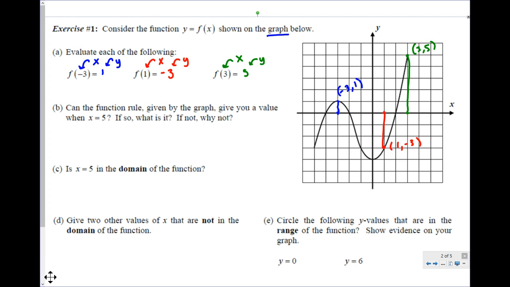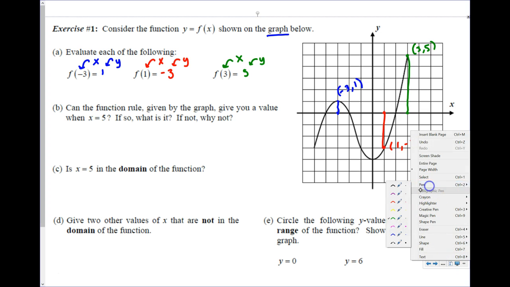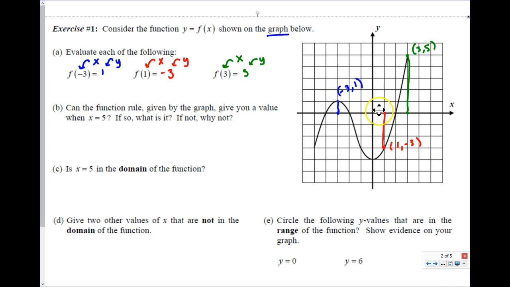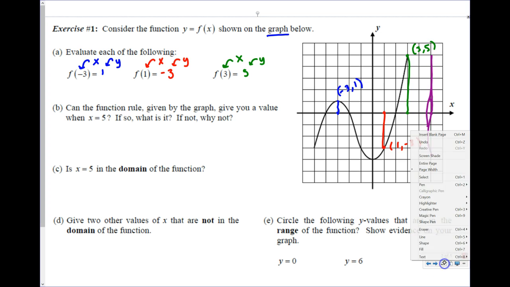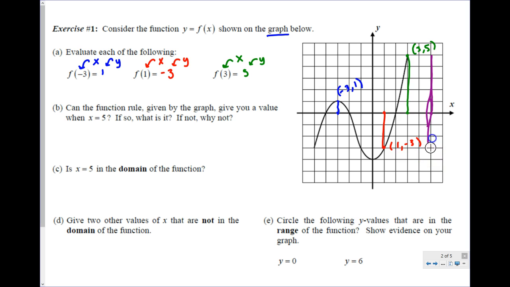Can the function rule given by the graph, right, the rule is this graph, we don't have an equation, but we have this curve, give you a value when x equals 5? So I'm going to look on my graph and find x equals 5, 1, 2, 3, 4, 5. So there's x equals 5, and I notice that when I try to find a y value, I can't make a straight line.